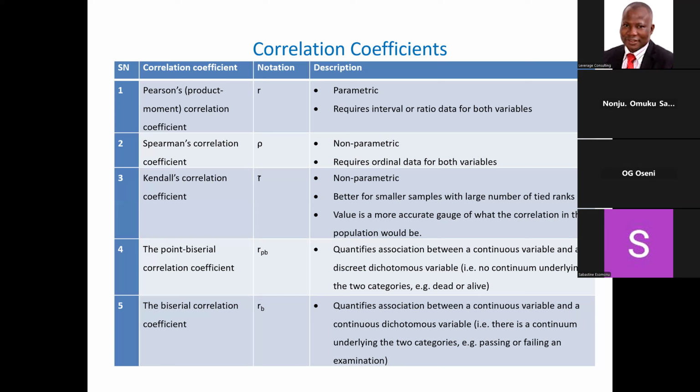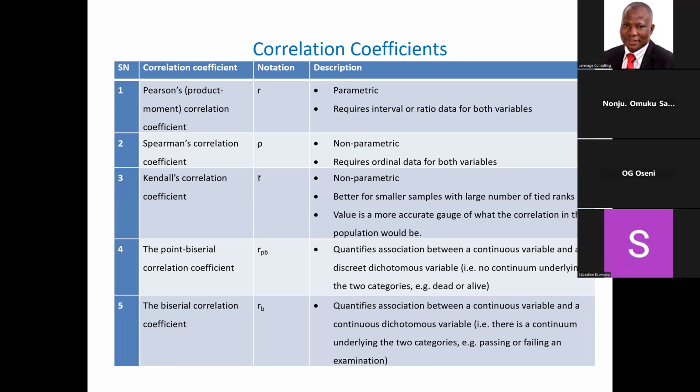We have Kendall, it's the same thing, for non-parametric data. Kendall does the same thing as Spearman, but it does it better, especially if you have ties. What do I mean by ties?